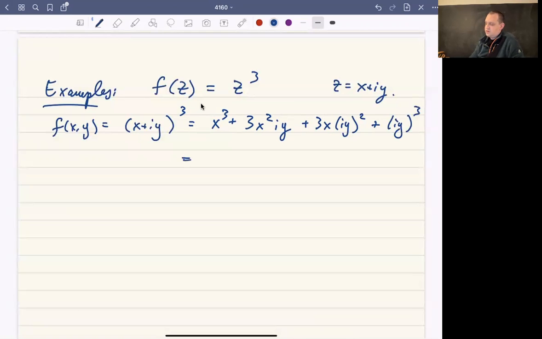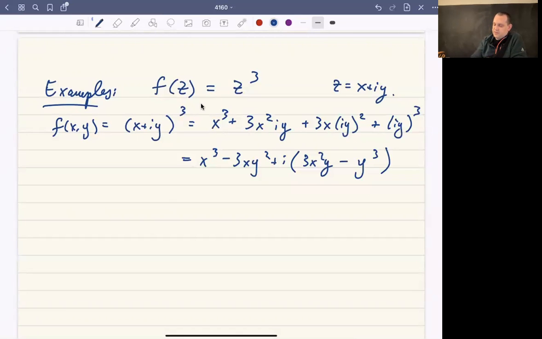So this turns out to be x cubed minus 3xy squared plus i times (3x squared y minus y cubed), because i cubed is minus i. So you factor out the i and you still have a minus for that y cubed. So this is f of x,y.